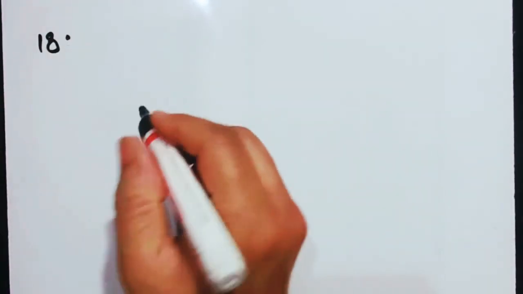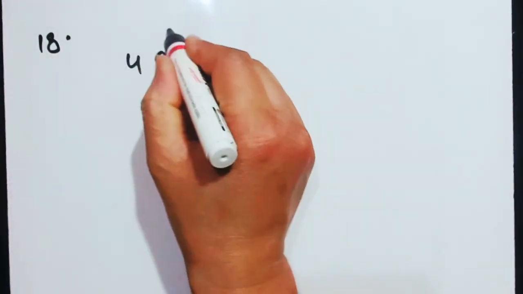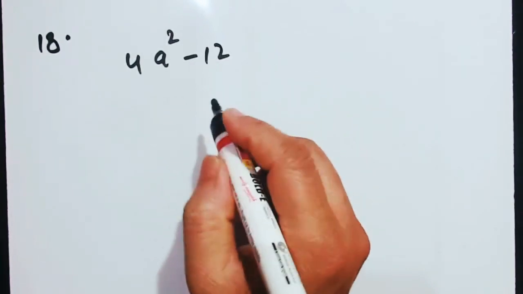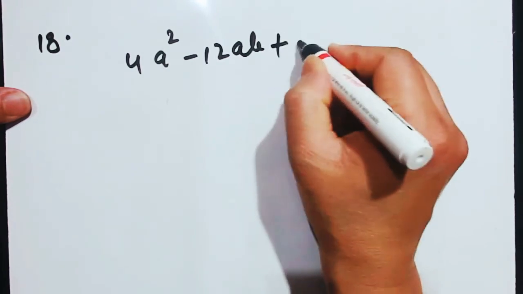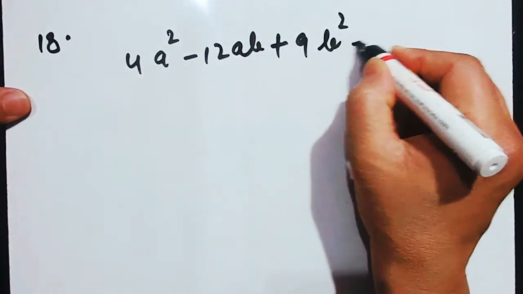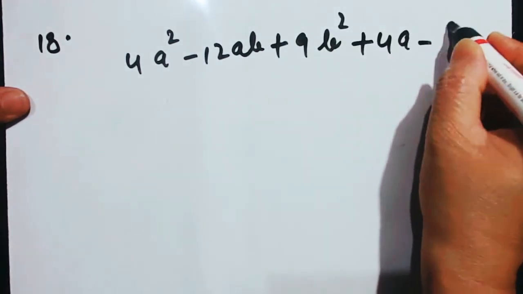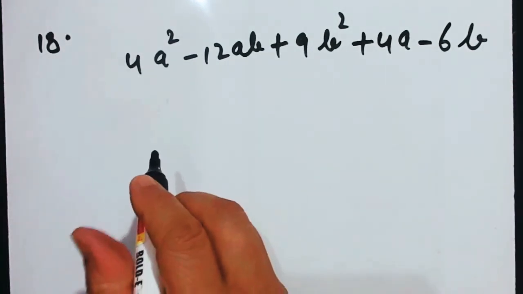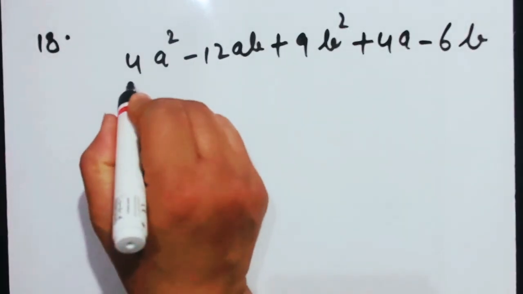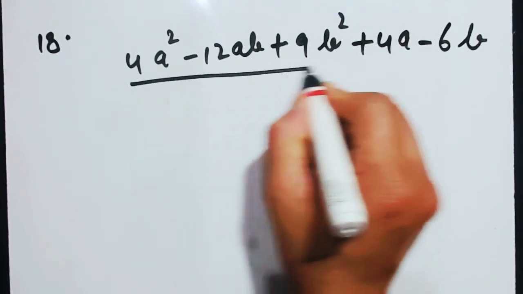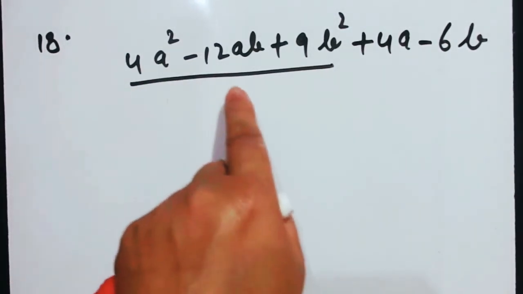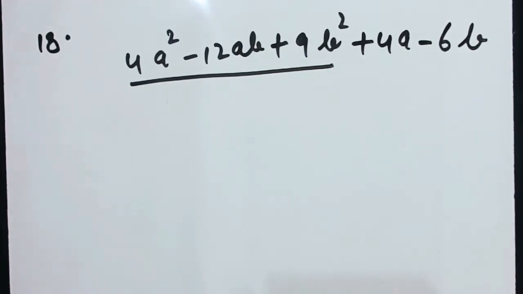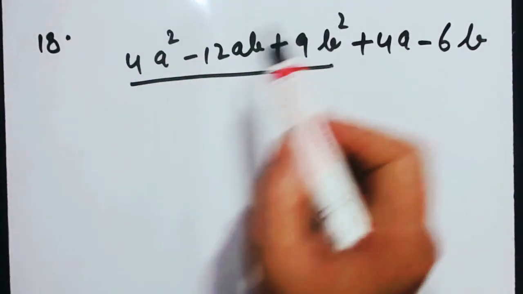Number 18, 4a square minus 12ab plus 9b square plus 4a minus 6b. So naturally, first you will see whether these 3 terms fit in the formula a plus b whole square, or is this a whole square or not.